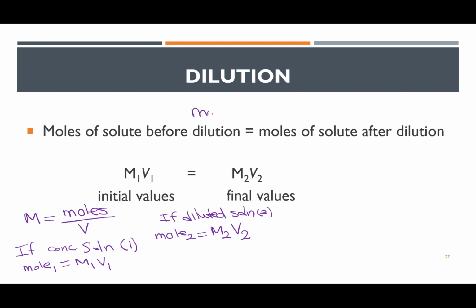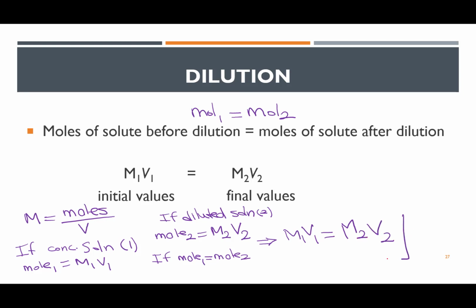That means moles 1 is equal to moles 2, the number of moles in the concentrated solution and in the diluted solution are the same. What we get is that M1 V1 is equal to M2 V2.